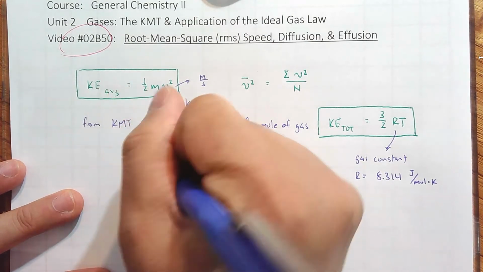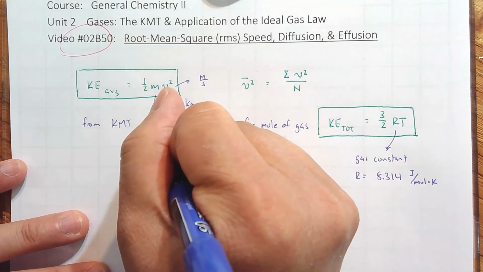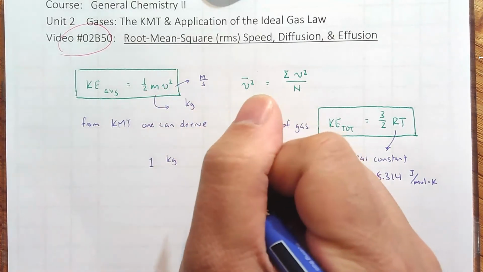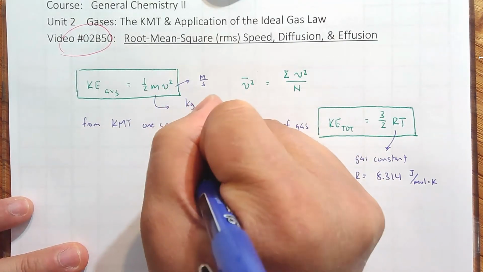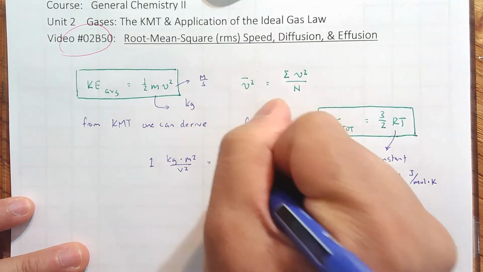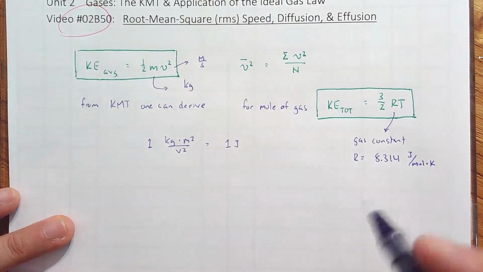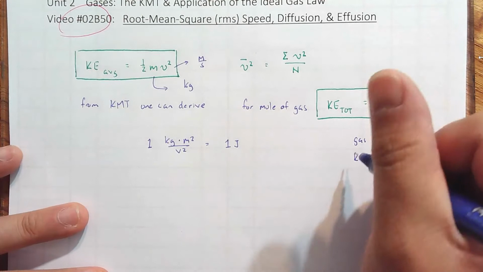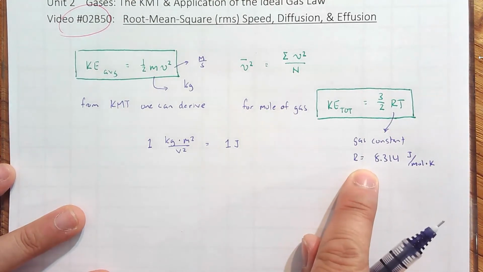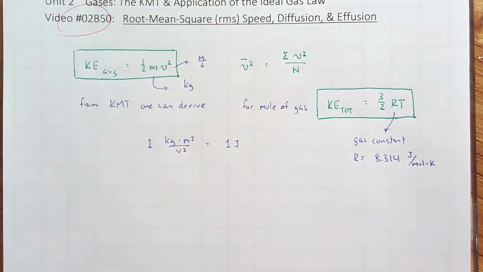You may recall this from Unit 1, kg m squared over s squared equals 1 joule. That's the definition for a joule. Is there anything I want to box? No. Just remember that your R constant is this, and your conversion is such.